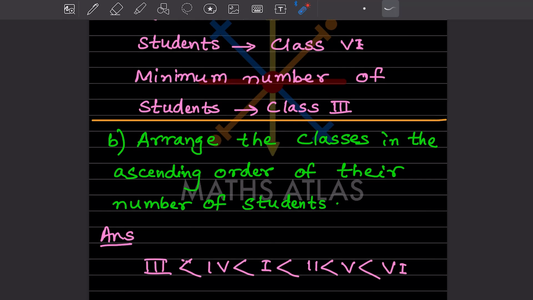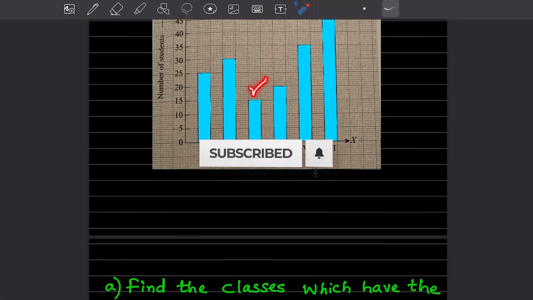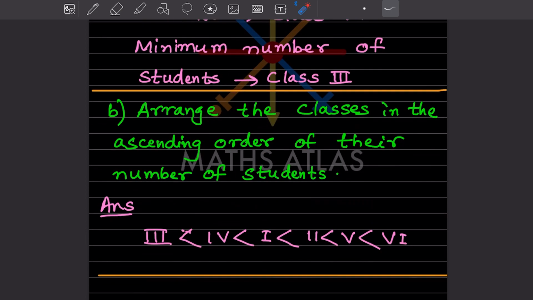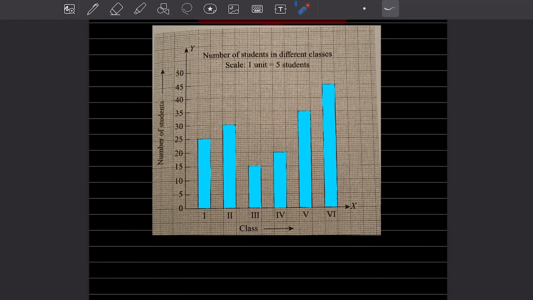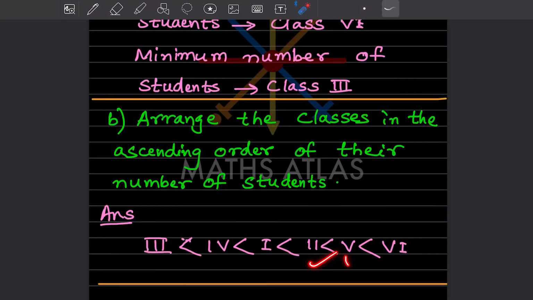Arrange the classes in the ascending order of the number of students. Ascending order means from small to big. So now look at here. Which is small here? This is 3, then 4, 1, then here 2, 5, 6.